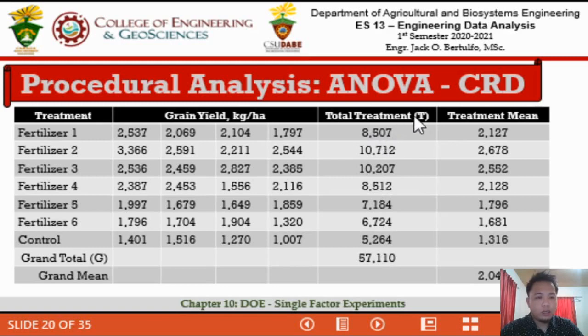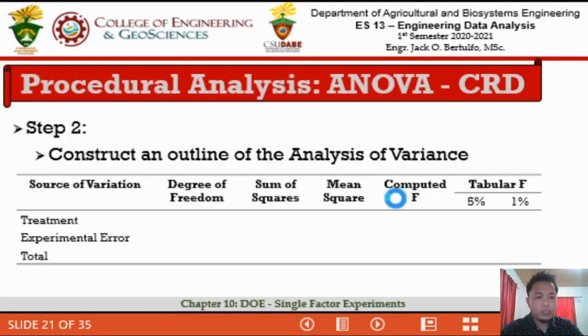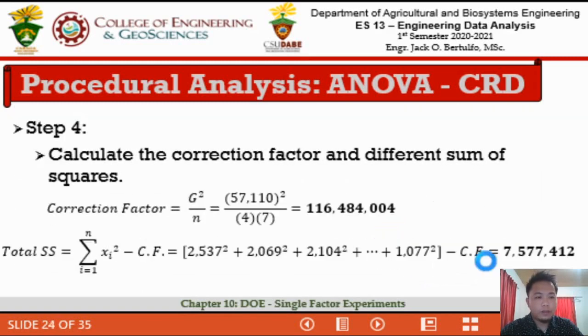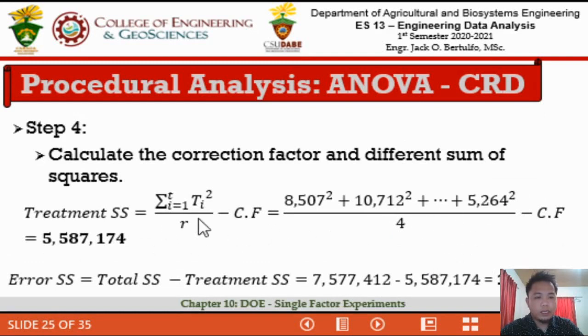So just i-squared lang ni sila tanan, then i-add, divided by the R, the number of replication, minus the correction factor, then you have a treatment SS of 5,587,164. Again, gi-minusan siya correction factor in order that the variance of the treatment must be measured sa mean.